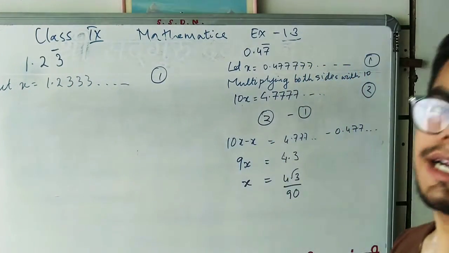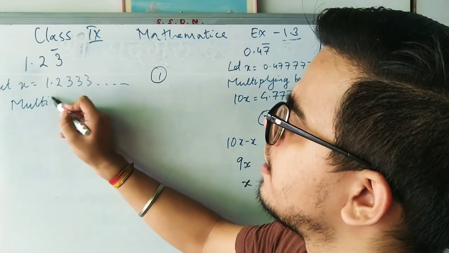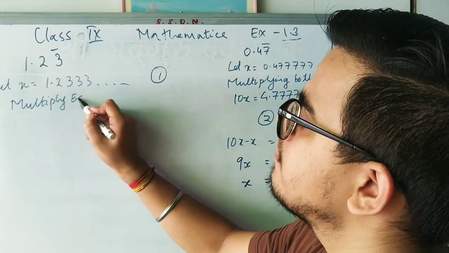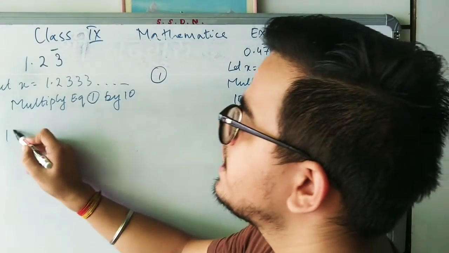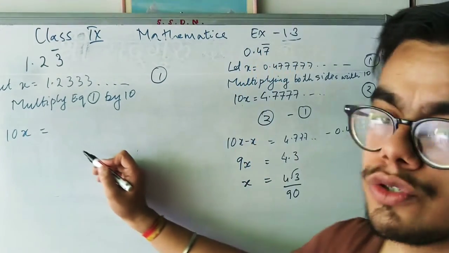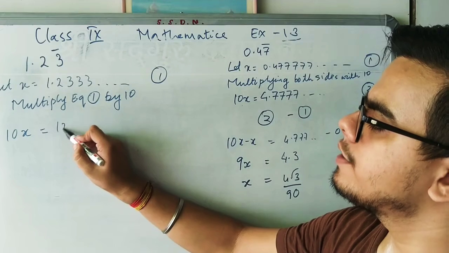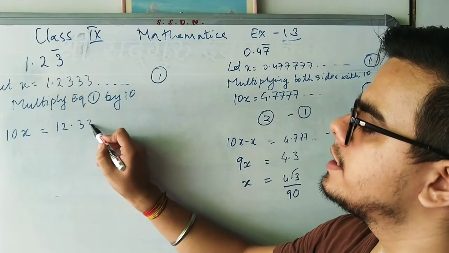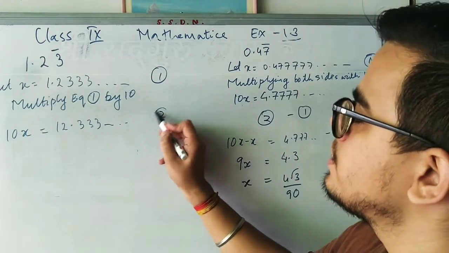Since only a single digit is repeating, multiply equation 1 by 10. So it would be 10x equals 12.333 and so on. This is our equation 2.